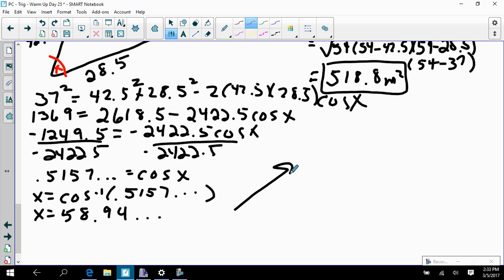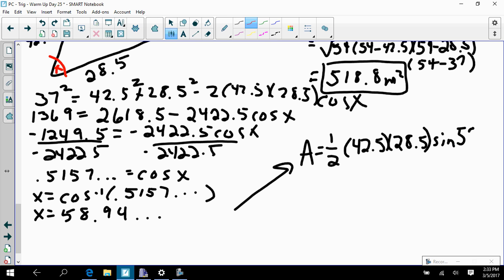So I'm just going to come over here. Area is equal to 1/2 times 42.5 times 28.5 times, sorry, it's the area formula, so it's sine of 58.94 dot dot dot.